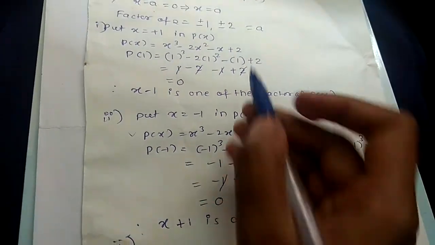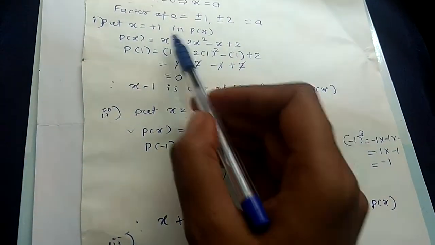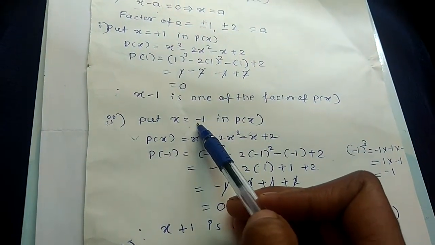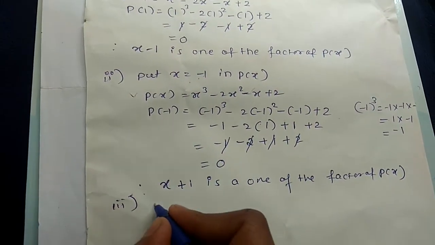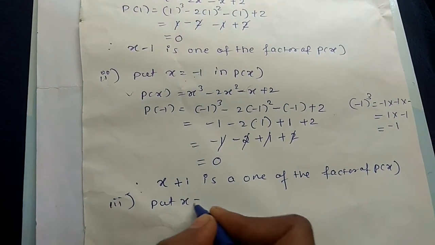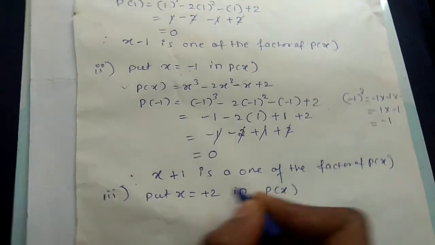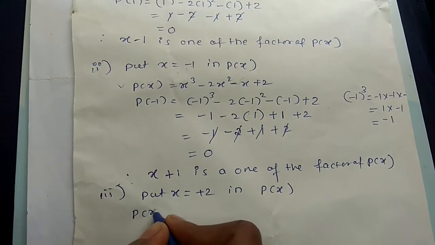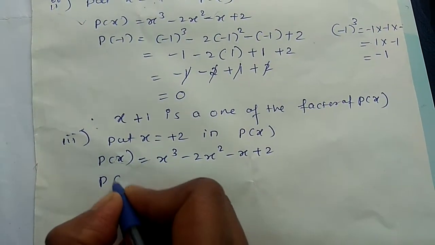So let us put, we have put plus 1 and minus 1. Once we have put plus 1, once we have put minus 1. Let us put plus 2. So put x equals to plus 2 in P of x. So our P of x is, so x is 2 here.